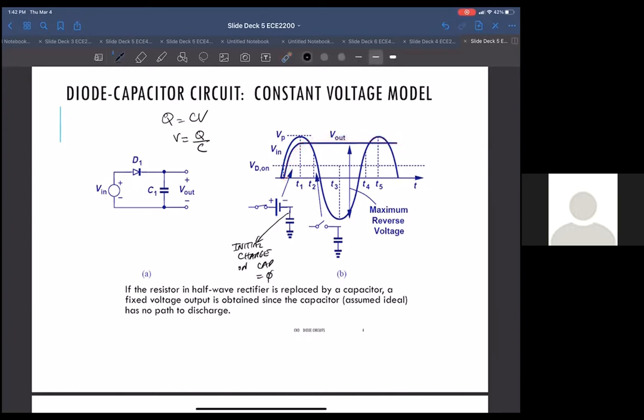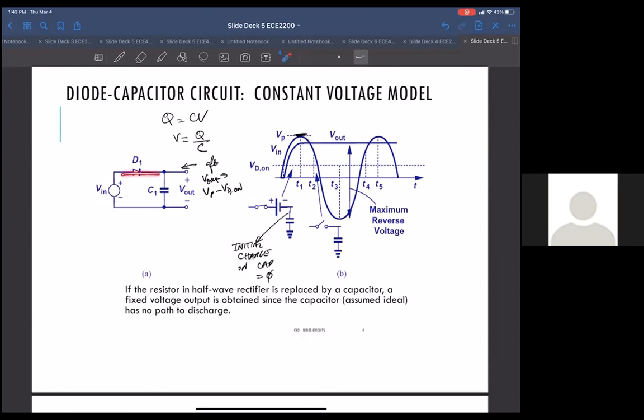So after V out reaches V peak, which is this guy, minus VD on, after that point, which is right here, this input goes to negative V peak, comes back to positive V peak.